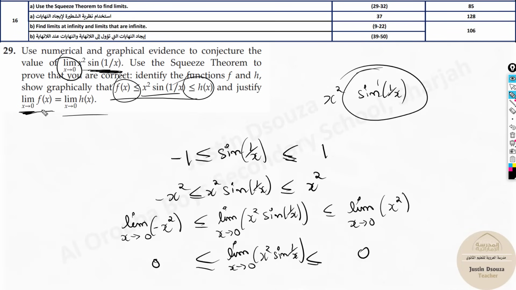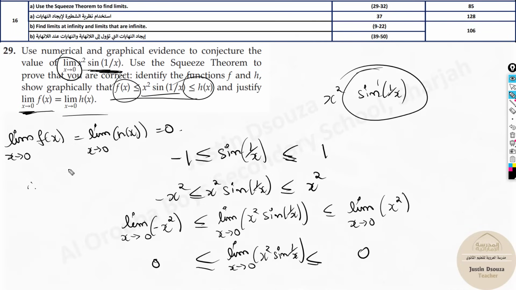Before this you can write this, but there is one more step required. You have to mention, see this, whatever is written, because this is f of x, right? f of x, h of x. So just mention this part. Limit as x tends to 0 of f of x is equal to, they have already mentioned, and yes, we got the same thing, h of x, is equal to 0.